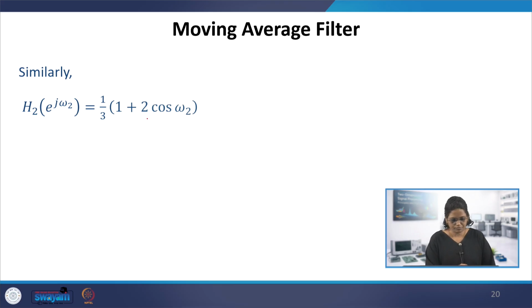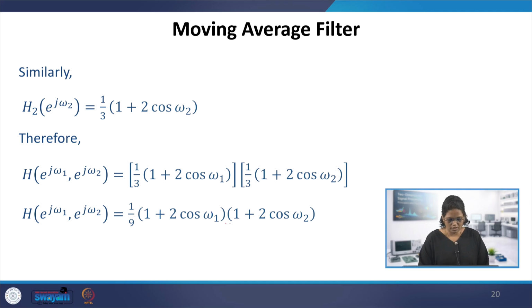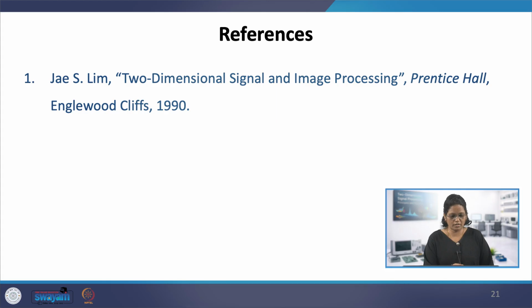So H of e power j omega 1 and e power j omega 2 is the product of 1 by 3 into 1 plus 2 cos omega 1 and 1 by 3 into 1 plus 2 cos omega 2, so it is 1 by 9 here. You can see this is the same as the 2D result 1 plus 2 cos omega 1 and 1 plus 2 cos omega 2 that we obtained through the 2D DSFT.